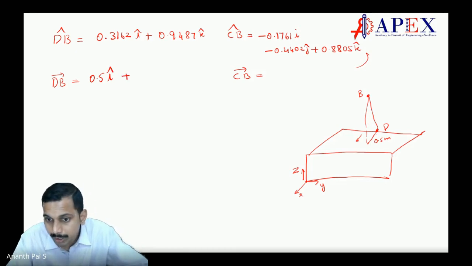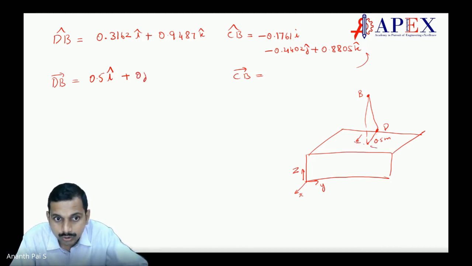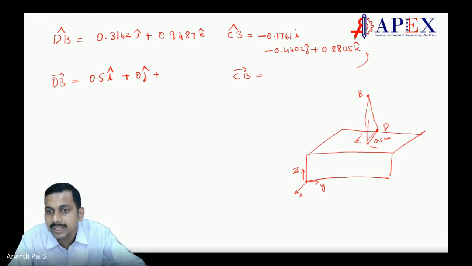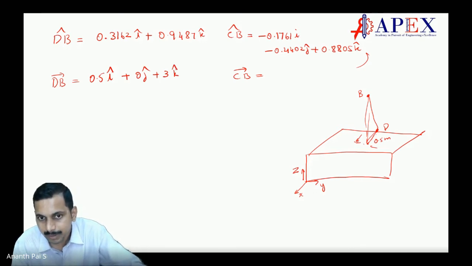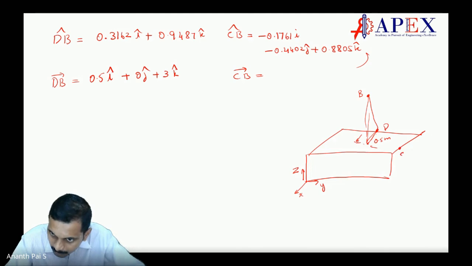How much should I move on Y from D to B? Nothing. I don't have to move at all. So it is 0j plus. You have to move here like this, then up like this directly. So 3k. Make sense? Good. So now next find out with respect to C and B.